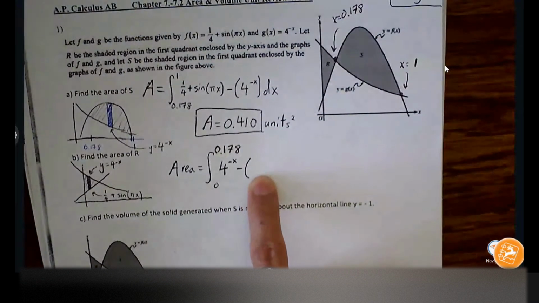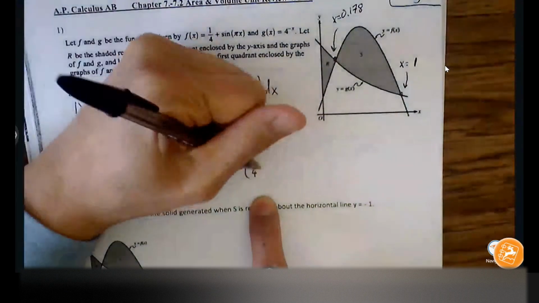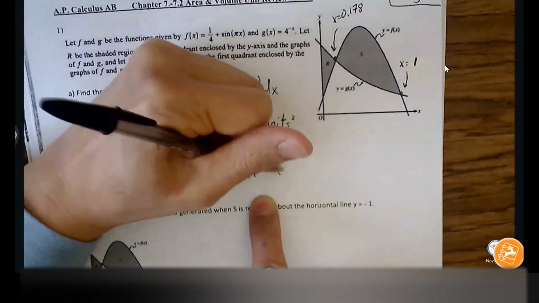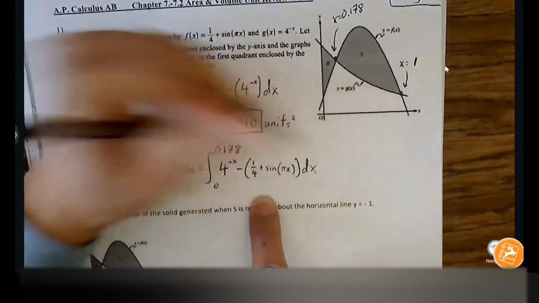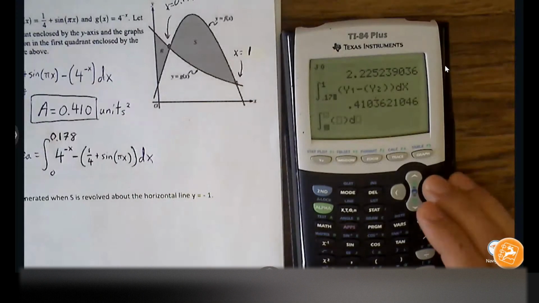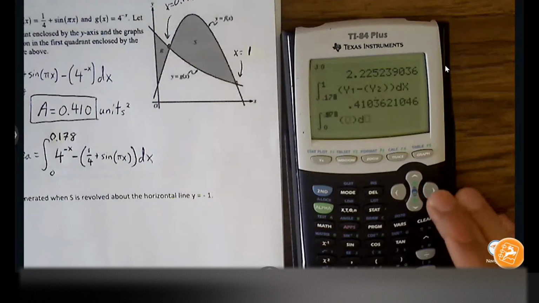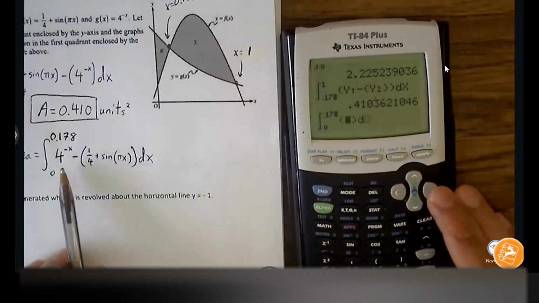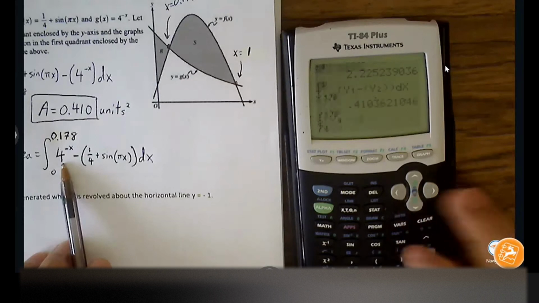Okay, now parentheses are going to be important here, otherwise we're going to lose track of the negative sign. All right, so I have 4 to the negative x stored under my y2, but if you want to put it directly in, that's fine.